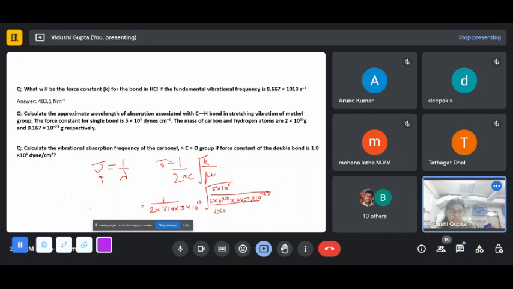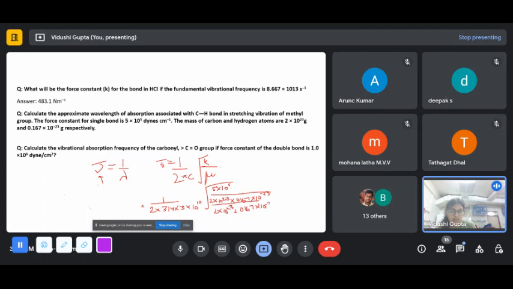So has anyone solved it? What will be the value for this? Has anyone calculated it? Now you just have to calculate everything.